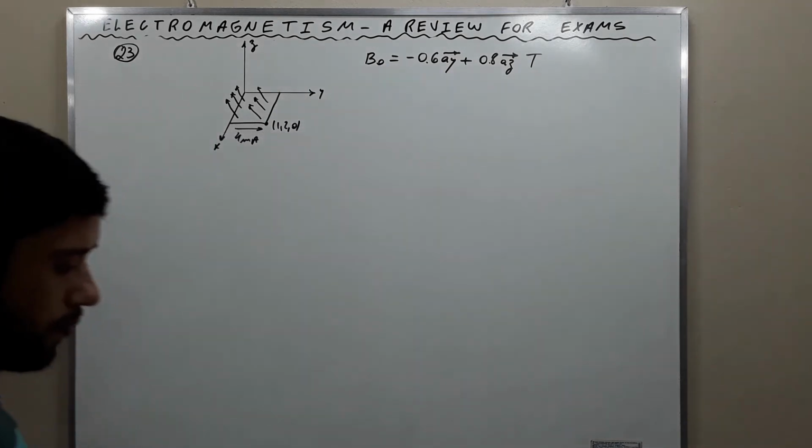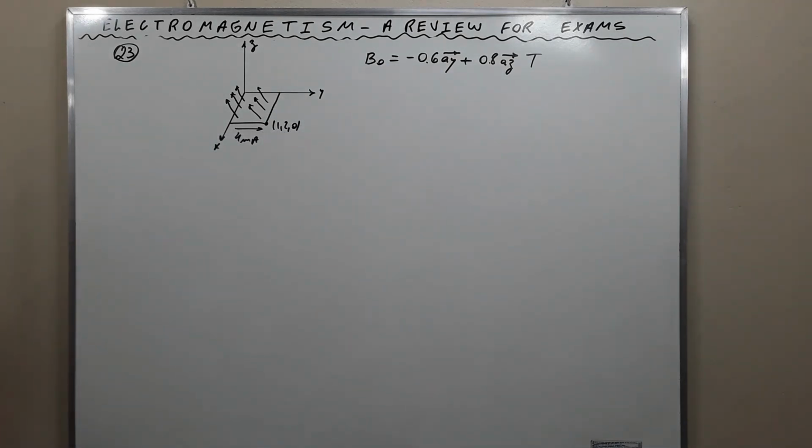Exercise 23, for the rectangular loop of wire shown in the figure, calculate the torque.